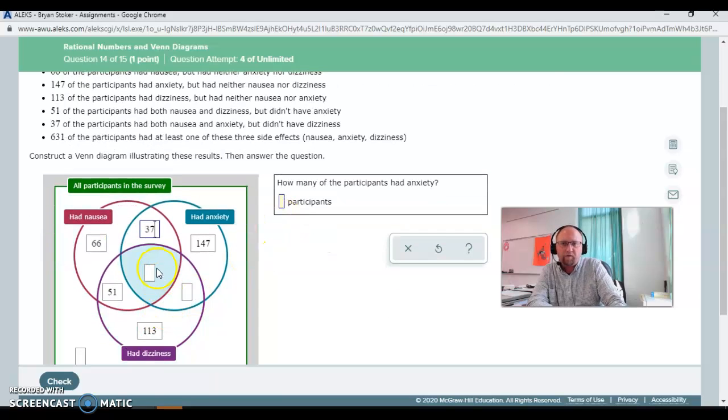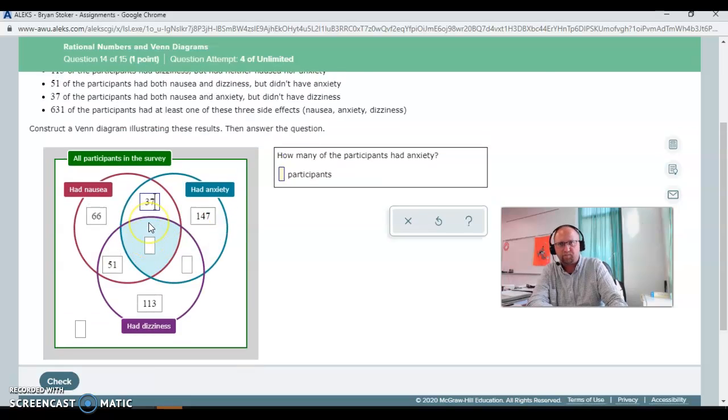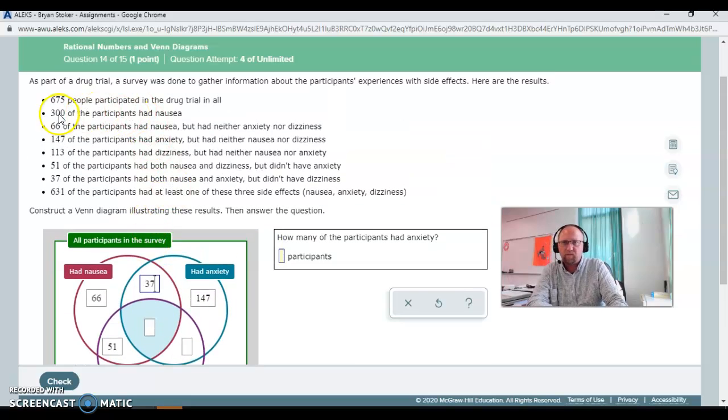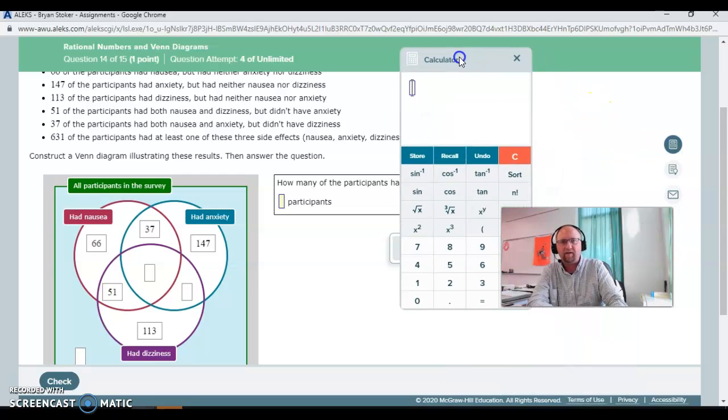All right, now you're going to be left with these 3 boxes. How do you get this middle box? Well, what I know is that 300 people had nausea, but I haven't accounted for 300 people in this circle. So I need to add all the people that have been reported as nausea: 66 people, 37, and 51.